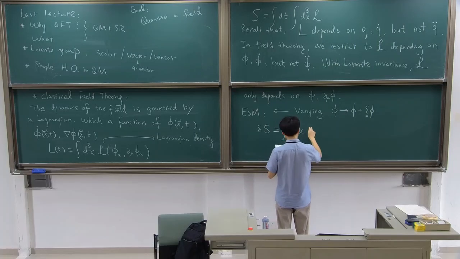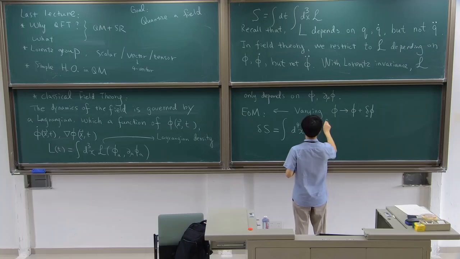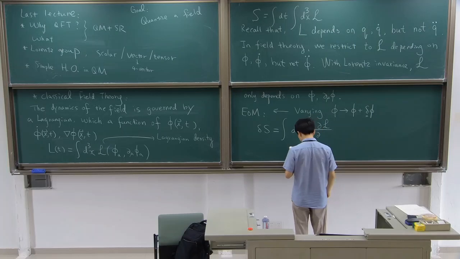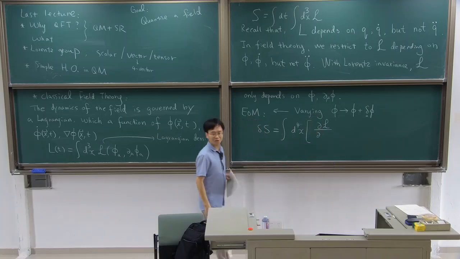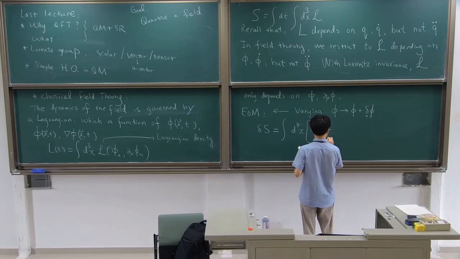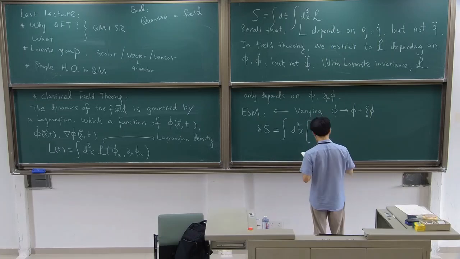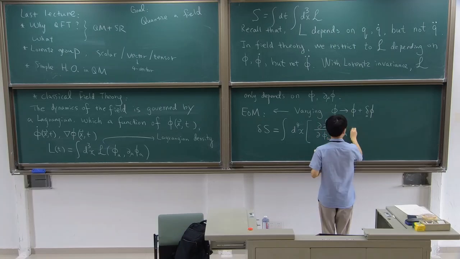So we write it down. This change of the action can be expressed as the derivative of the Lagrangian density with respect to phi and the derivative of phi, right?